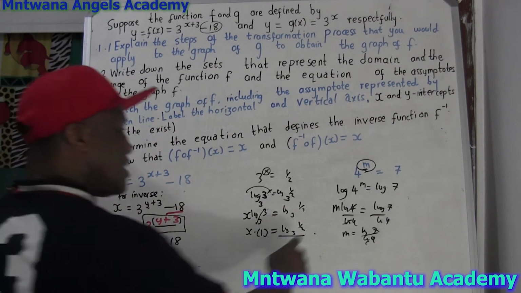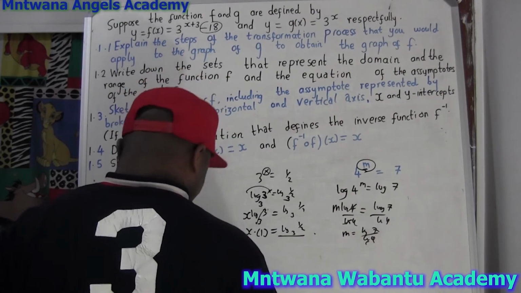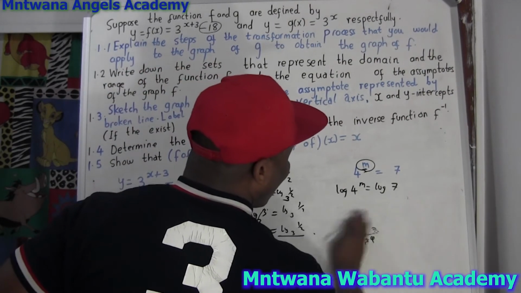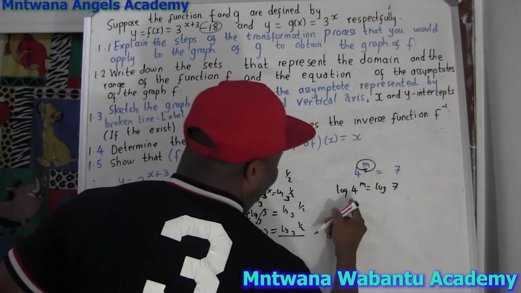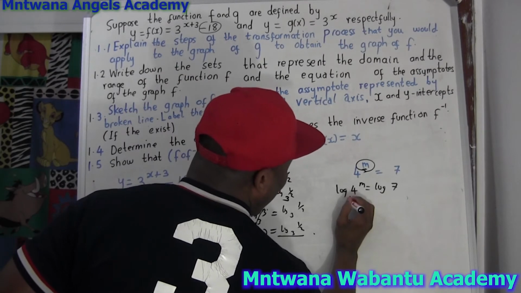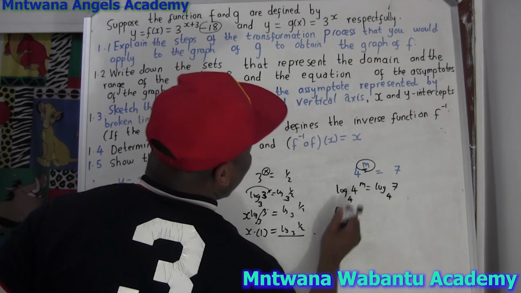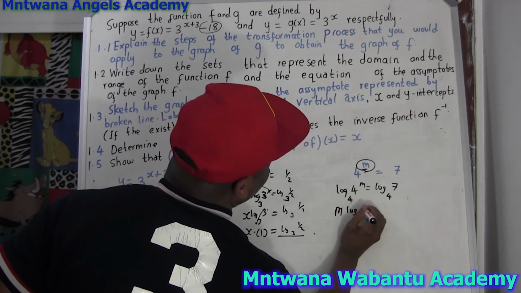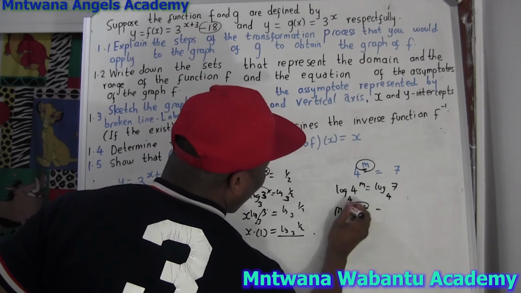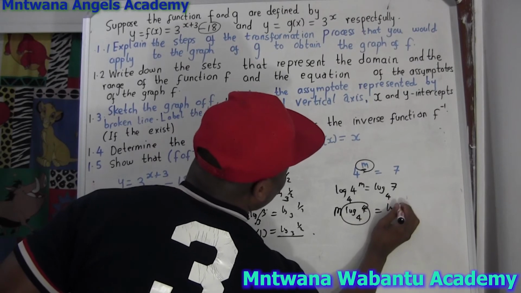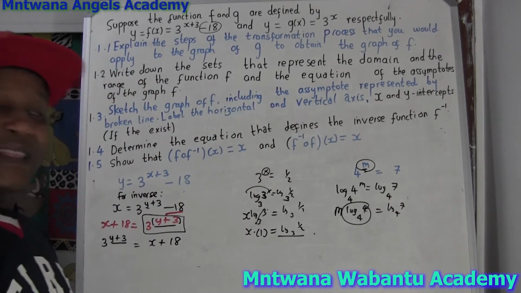Even here, I could have rather applied log under base 4 on both sides. You know why? Because if this m comes to the front, I get log of 4 under base 4, which gives 1, equals log of 7 under base 4. That's the best, easy way.